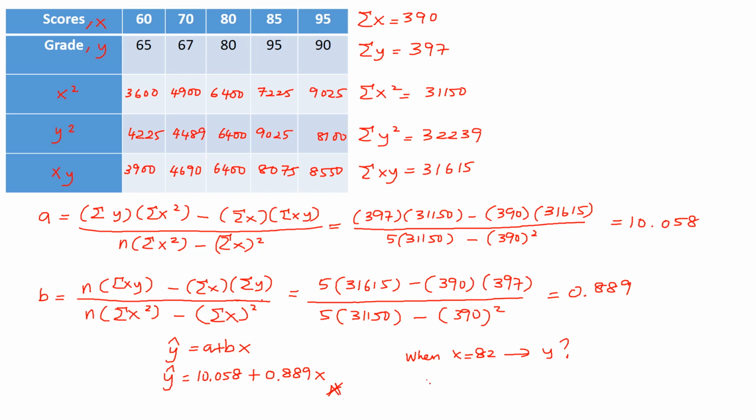When x is 82, y hat is equal to 10.058 plus 0.889 multiplied by 82. So the estimated value for y hat is equal to 82.956. So this is the application of the regression line.